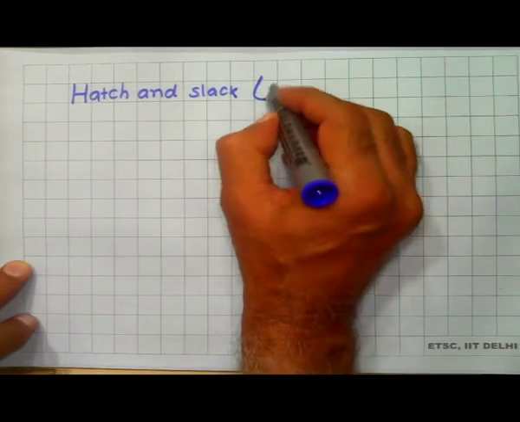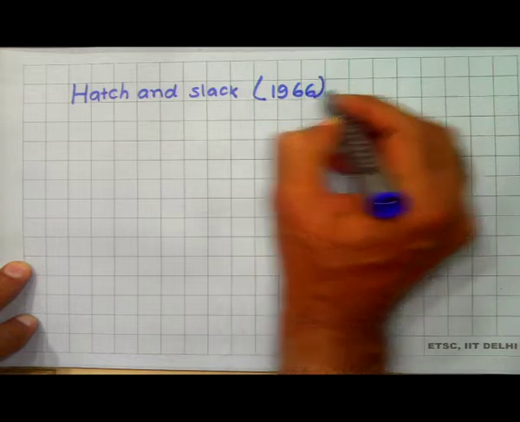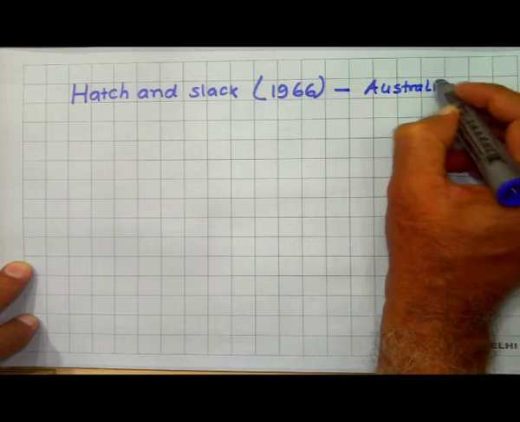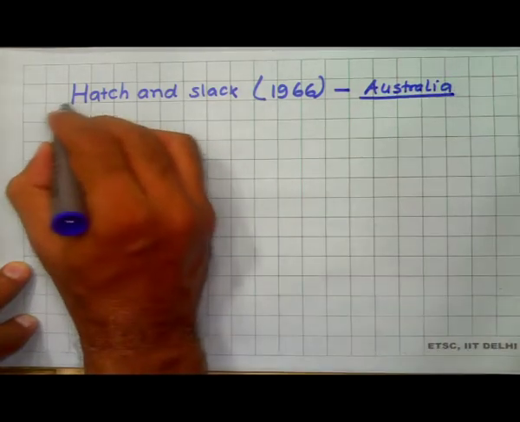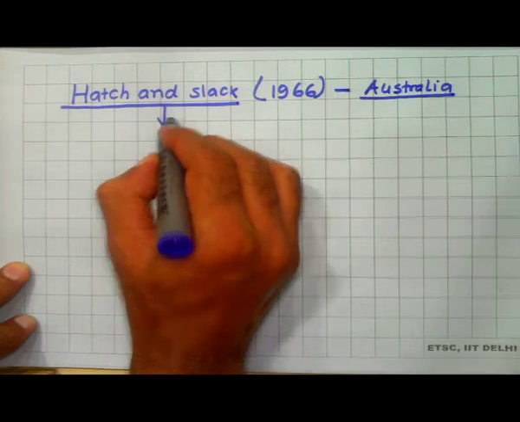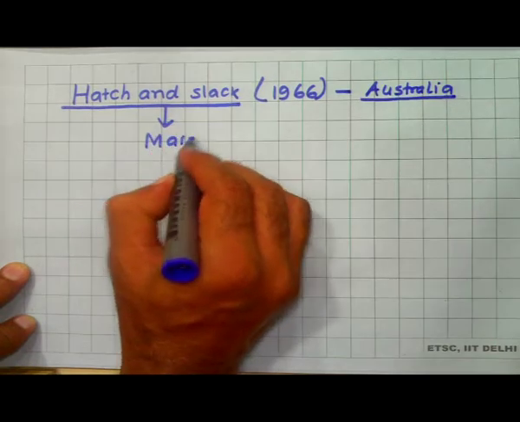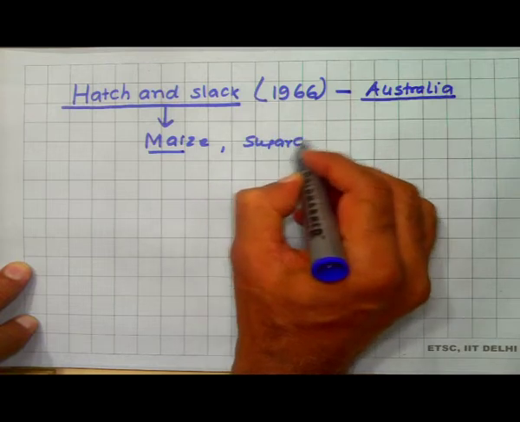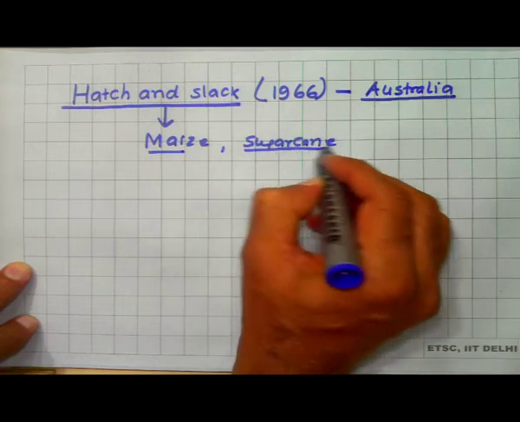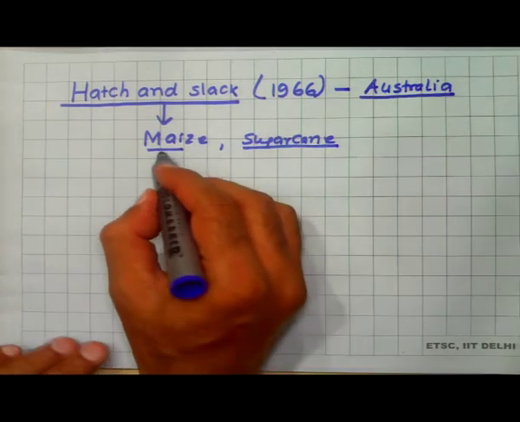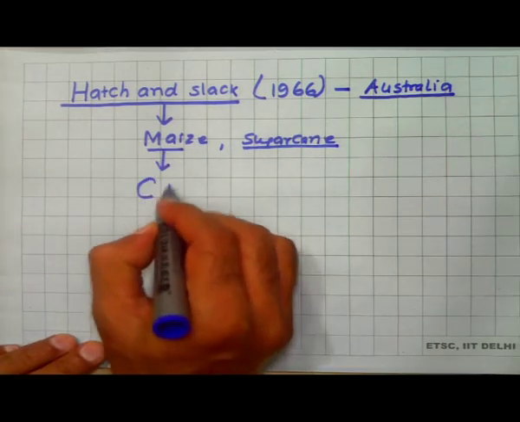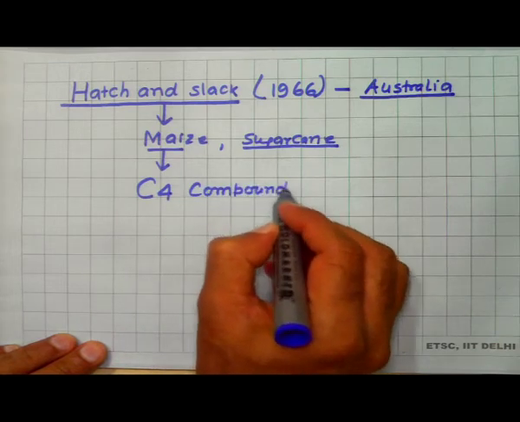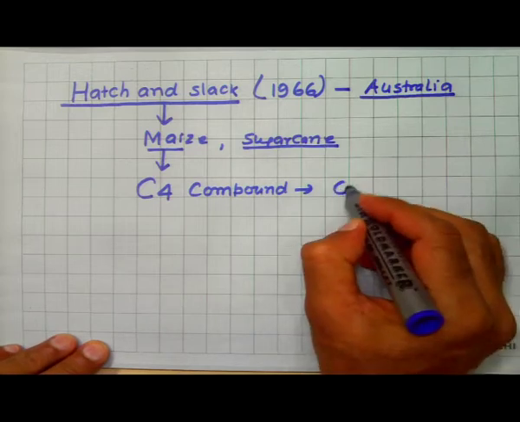In 1966, in Australia, Hatch and Slack, while working with maize or sugarcane, confirmed that the first stable product is a C4 compound, that is oxaloacetic acid.